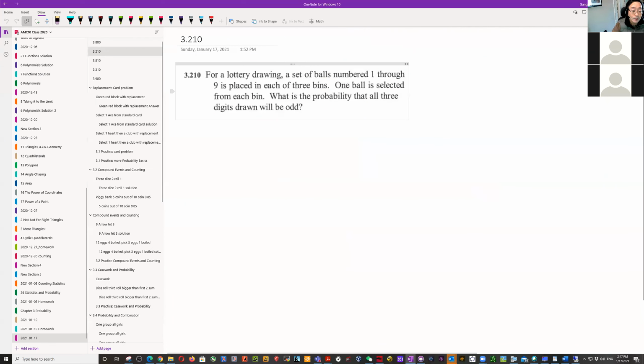And so this one, let's try to do this one. This one is for a lottery drawing. A set of ball numbers 1 through 9 is placed in each of the 3 bins. So basically a set of balls 1 through 9. So it's 1, 2, all the way to 9. One ball is selected from each, placed in the 3 bins, 1, 2, 3.